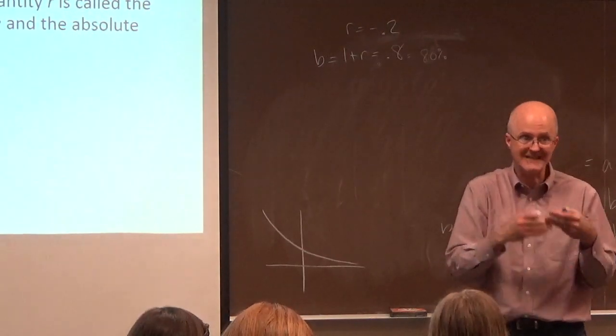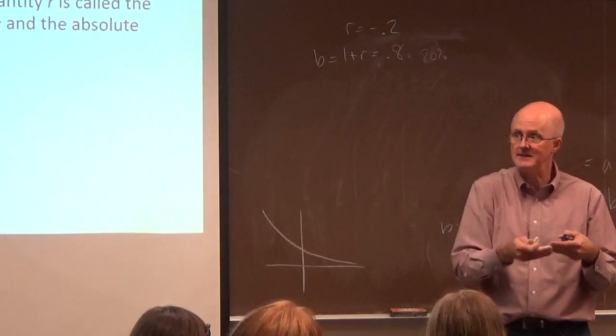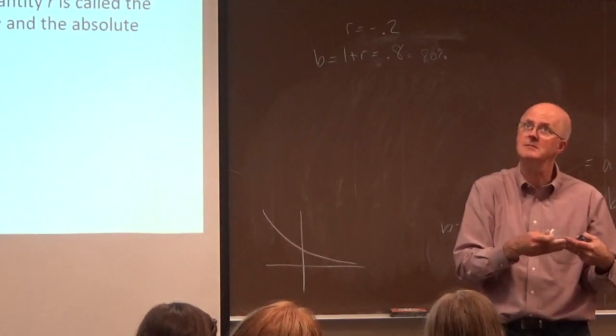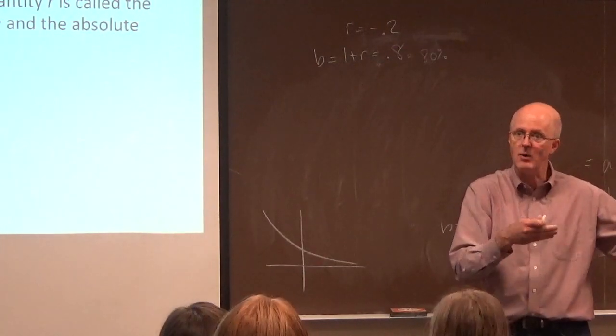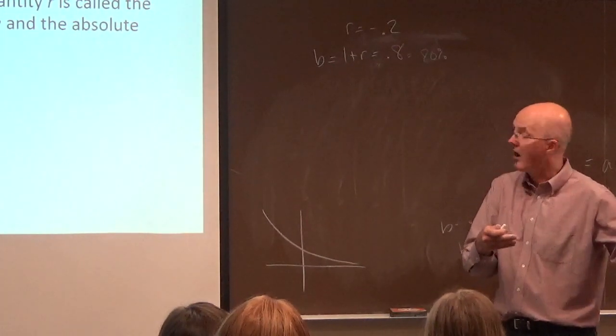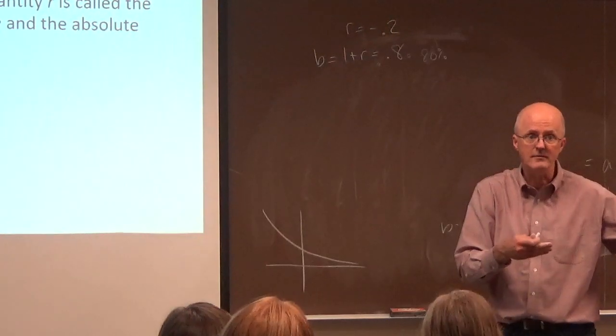Like 80% of 100 is 80. 80% of 80 is 64, right? The output as x goes up would keep going down when r is negative and b is between 0 and 1.